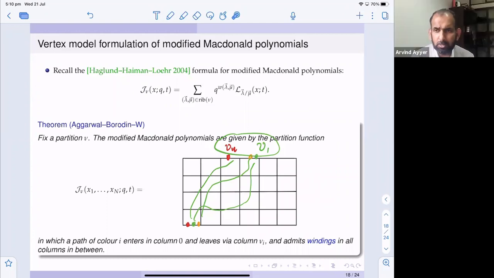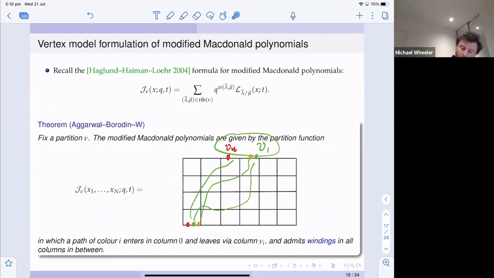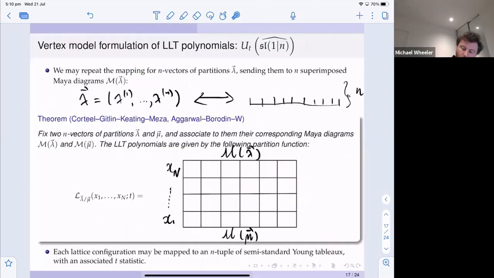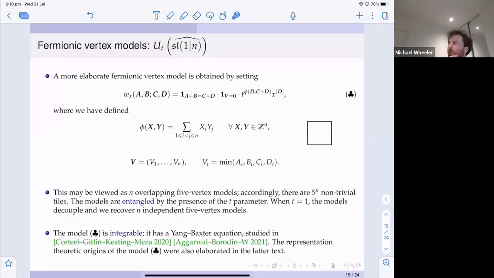Any other questions? May I ask a question? Yes, please. Michael, does there exist a version of your vertex model in which you have a coupling of stochastic 5 vertices instead of the ones that you considered there? It does depend on what you mean by the stochastic 5 vertex model.